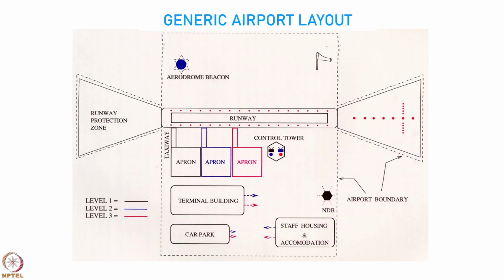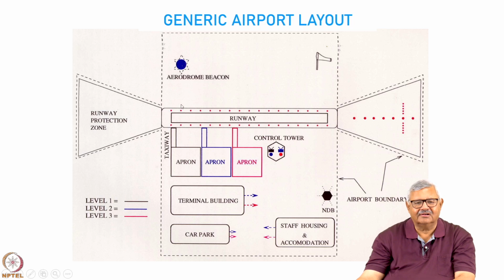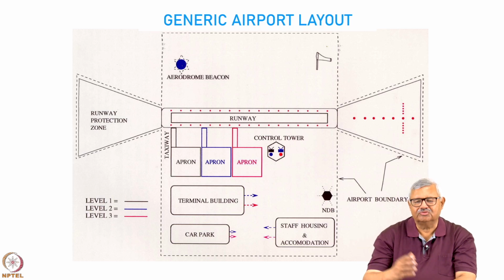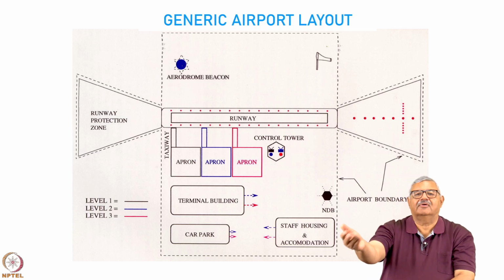Here is the layout, or a standard layout, of this particular airport. Now all the items that you see in black color are required for level 1 airport, which means you require one runway, you require the runway safety zone, you require at least one taxiway, one apron, one terminal building, one car park, and in this study we are assuming that because we are locating this aerodrome in the middle of virtually nowhere in a new location, you cannot expect people to travel from the city.